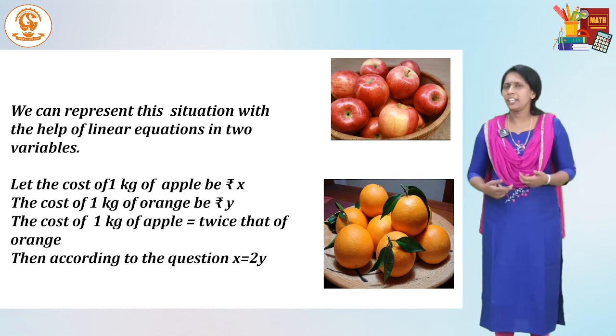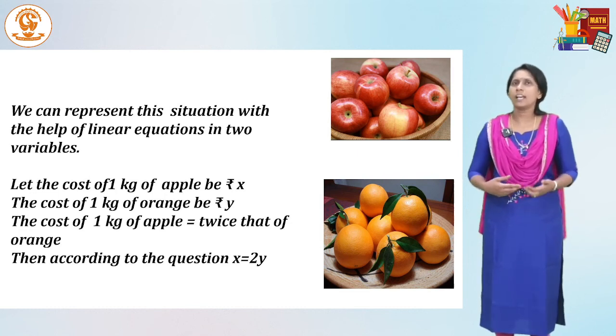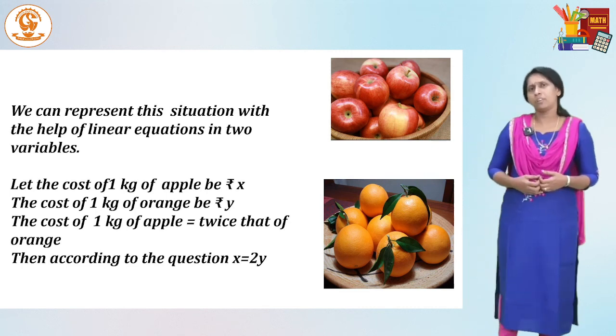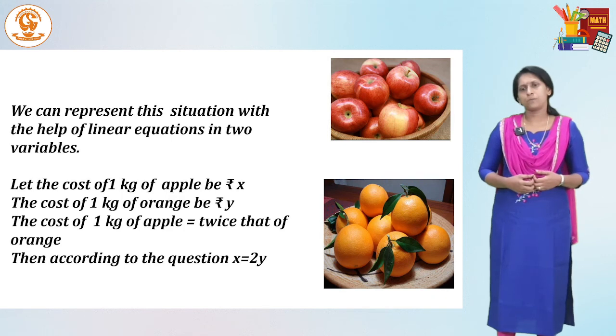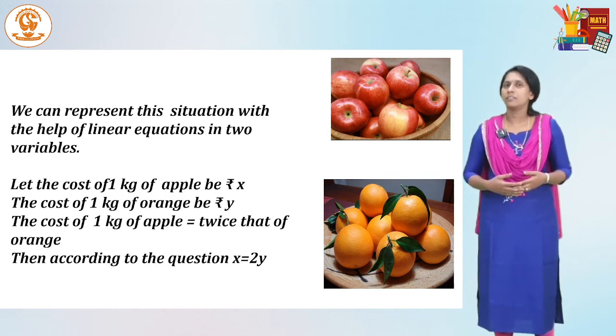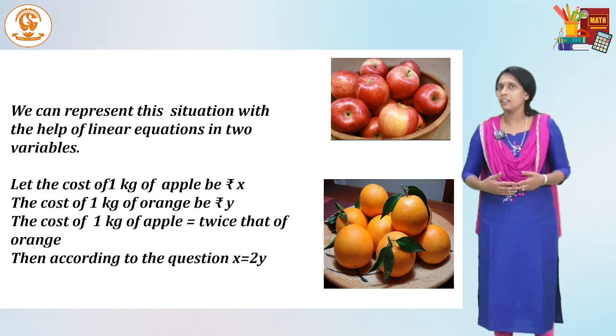Now one more question can I ask? Okay, so Savant, you tell me why this equation is a linear equation in two variables? Because it has two variables, x and y.